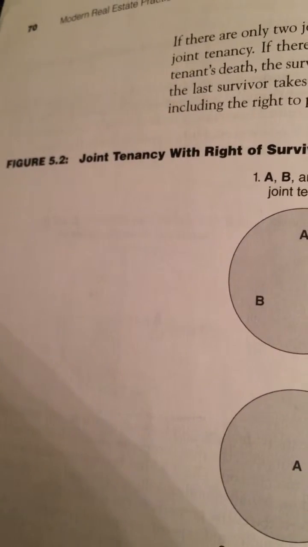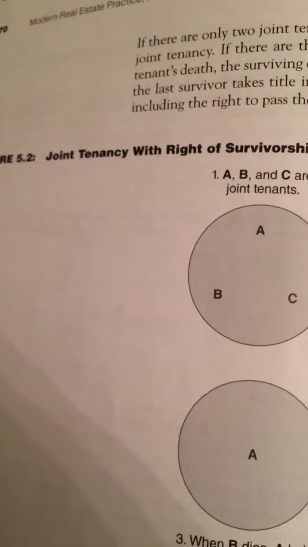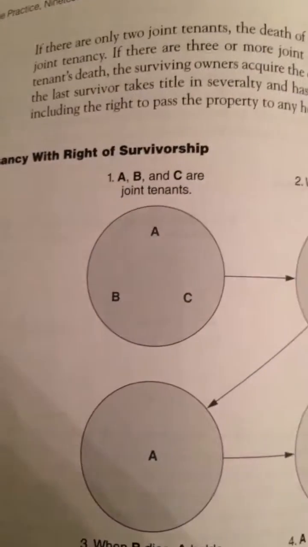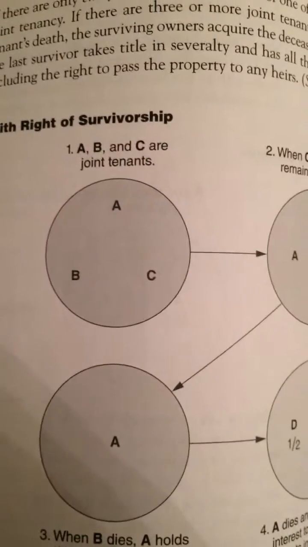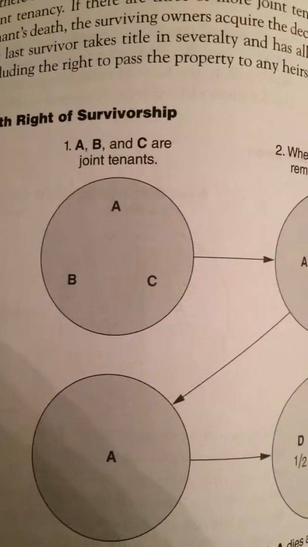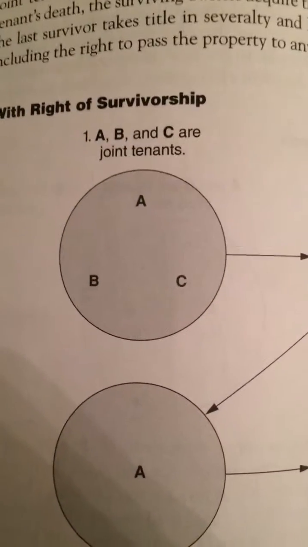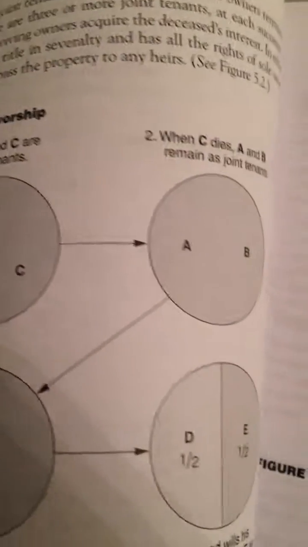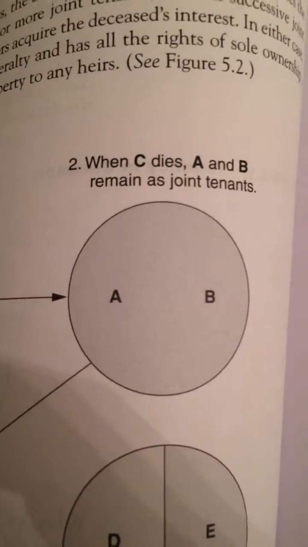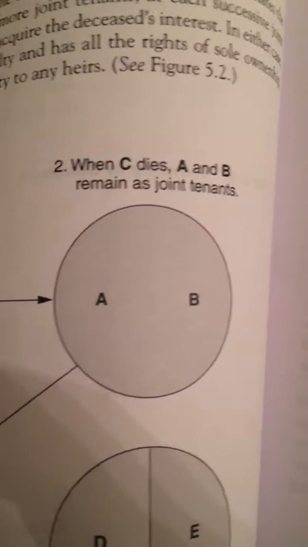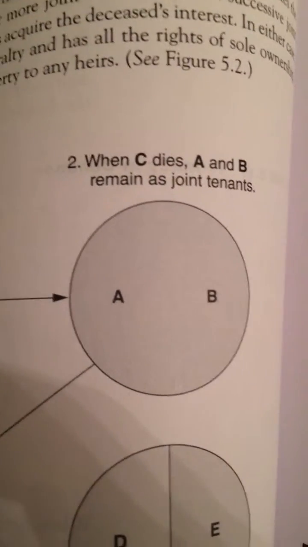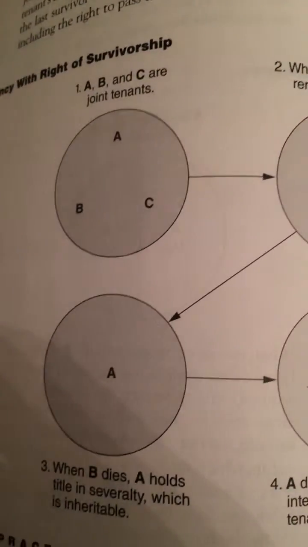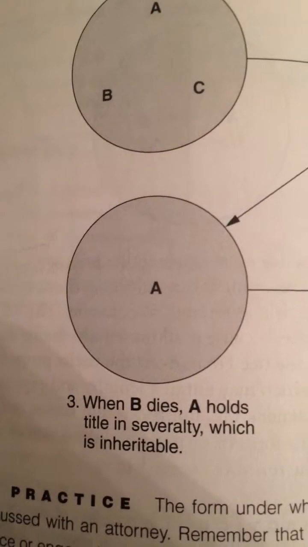Figure 5.2. Joint tenancy with right of survivorship. 1. A, B, and C are joint tenants. 2. When C dies, A and B remain as joint tenants. 3.